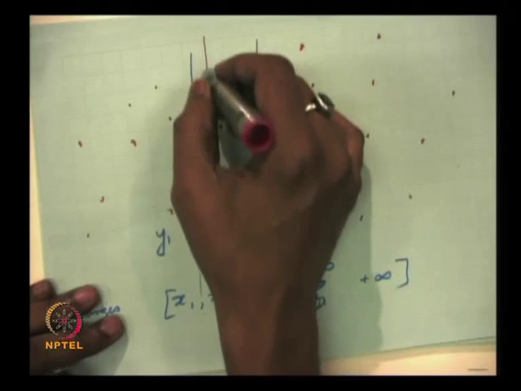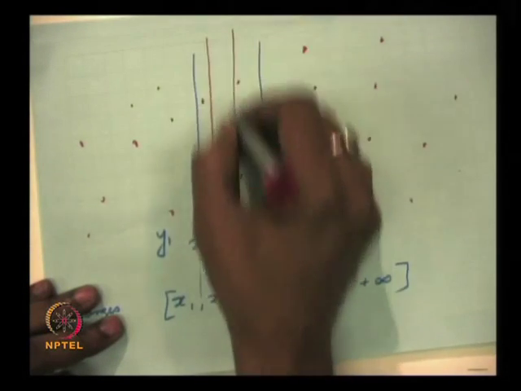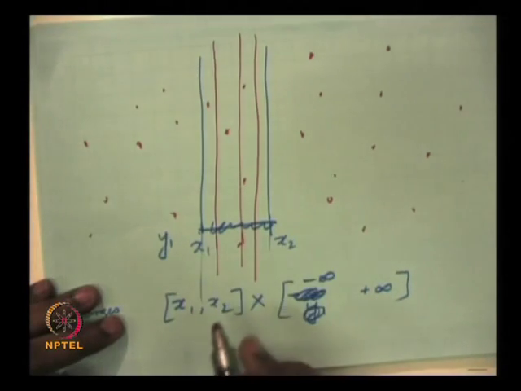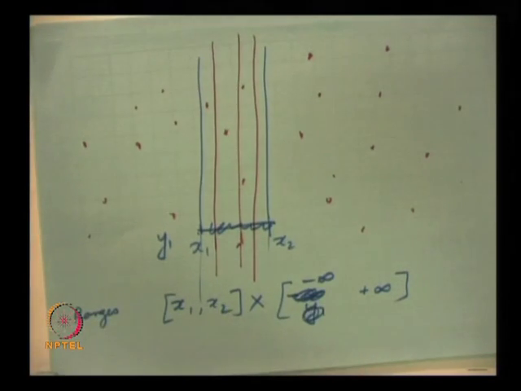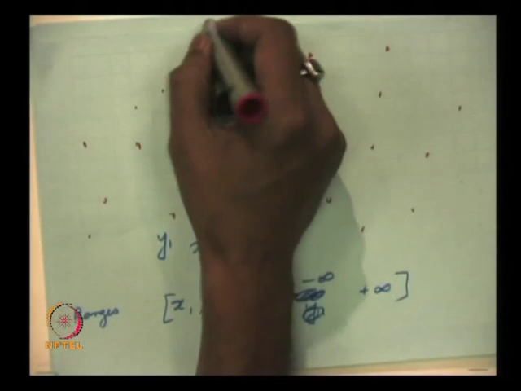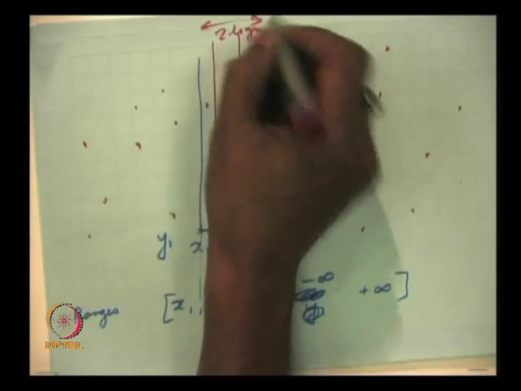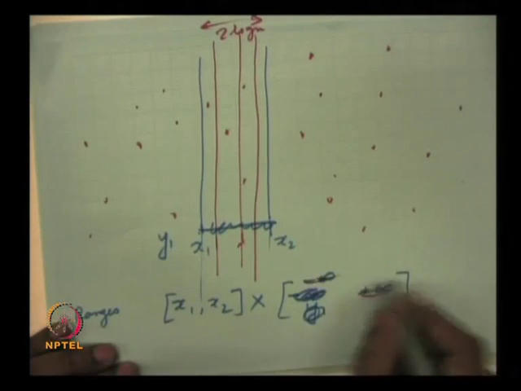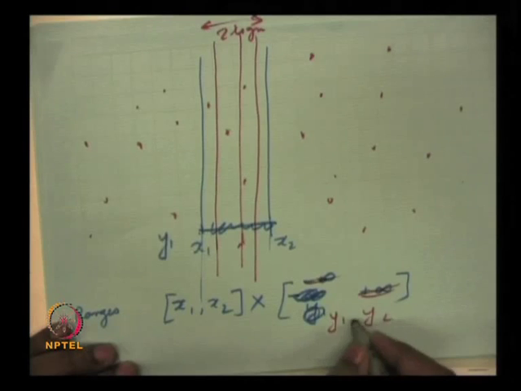So, maybe one interval is like this, another interval is like this, some disjoint intervals, and these are a maximum of 2 log n canonical intervals. Okay. Fine. Now, what I do is I again go back to y 1 y 2.